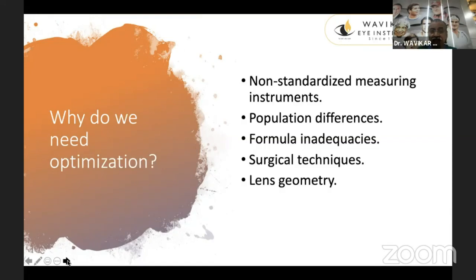These are some of the sets: non-standardized measuring instruments, population differences, formula inadequacies, surgical techniques, lens geometry, lens material, etc. And all of them for a particular surgeon are supposed to be fairly constant, and that's why we need to do it for each and every surgeon.